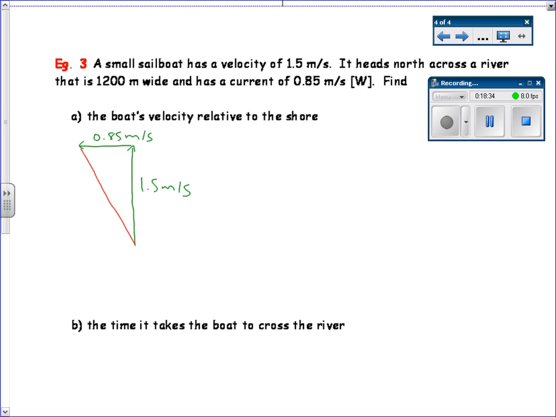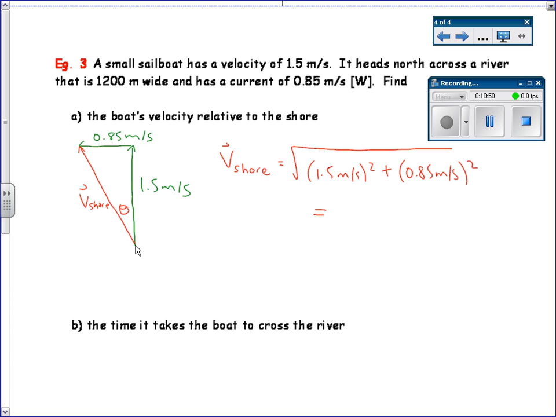The velocity relative to the shore is the hypotenuse, and we also need to find the angle. So the velocity relative to the shore is the square root of 1.5 meters per second squared plus 0.85 meters per second squared, which is 1.7 meters per second.